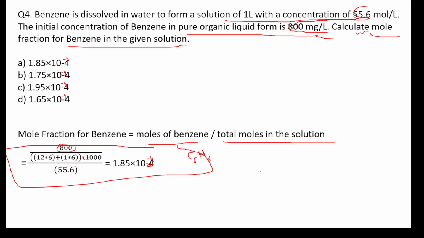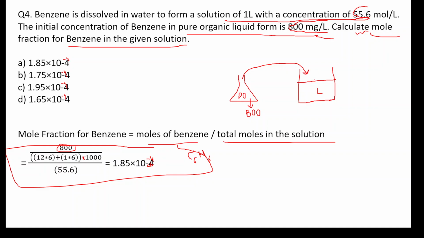So moles of benzene added. Actually, basically what was happening, let's say there were two solutions. One was some liquid and the other was some pure organic solution. The concentration of this solution was 800 milligrams per liter. They were adding this to this.